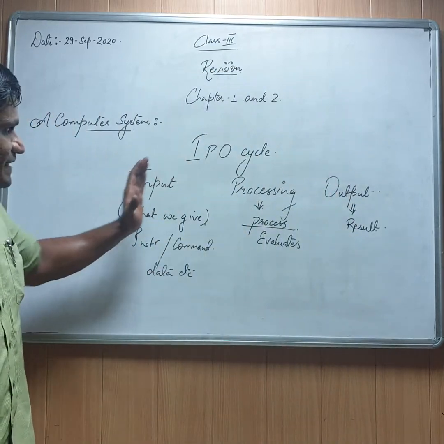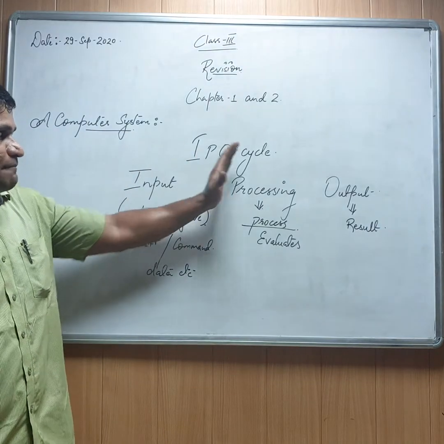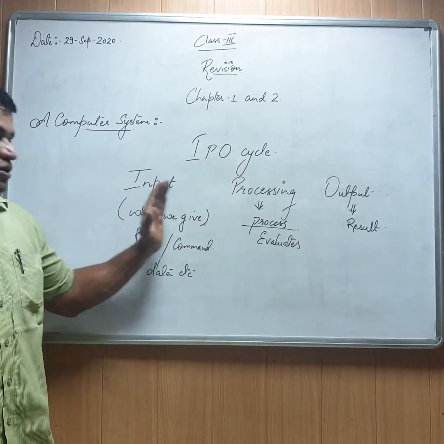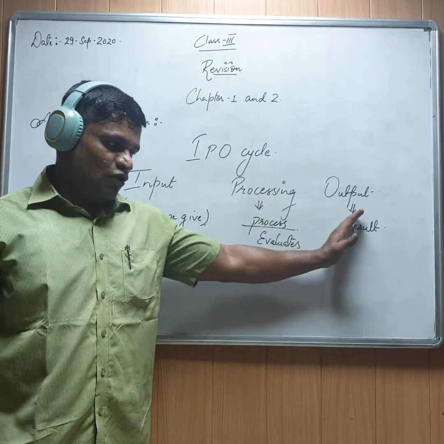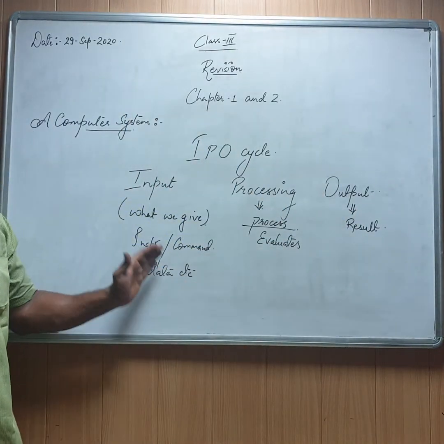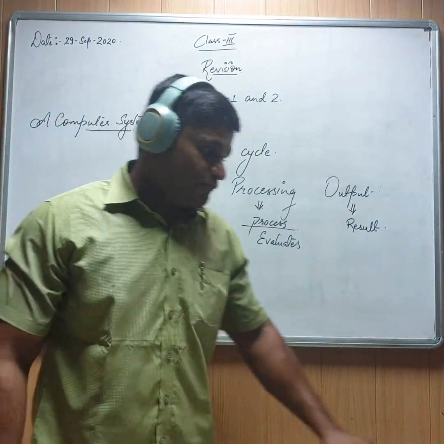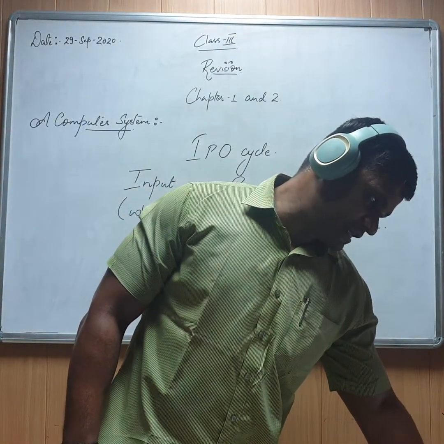So this 3-step process is known as the IPO cycle, that is input, processing, output. And every machine follows this IPO cycle to work. The examples have been mentioned in your book itself.